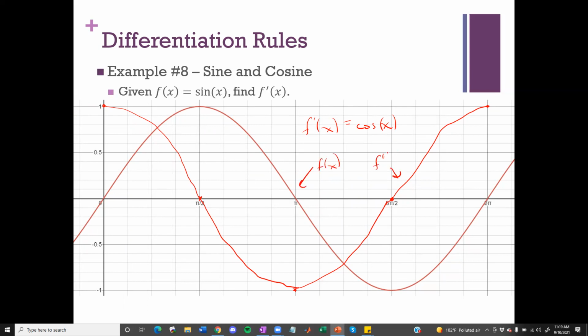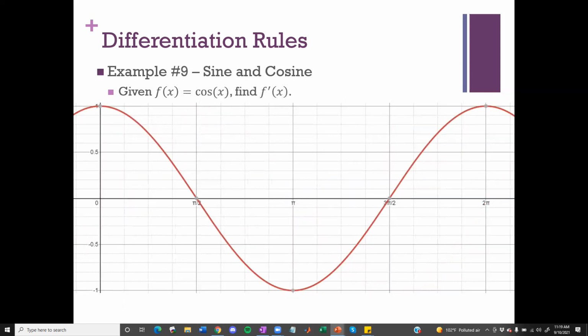This is f. Now starting with cosine, we want to find that derivative. So what are some points I can plot for the derivative straight away? Okay. How about the ends of this interval? 0 and 2 pi.